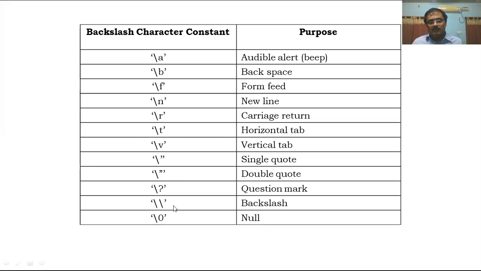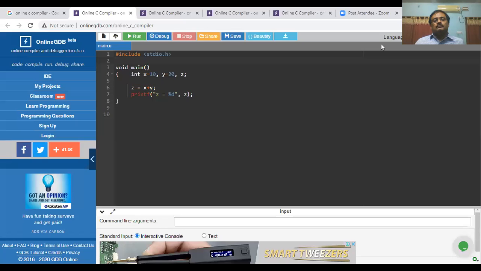Now, let us look at the execution of simple C programs to demonstrate the input and output process while performing our operations. Here is the C program, which starts with the line #include <stdio.h>, void main(), as main is the function. The left brace indicates the beginning of the main function.